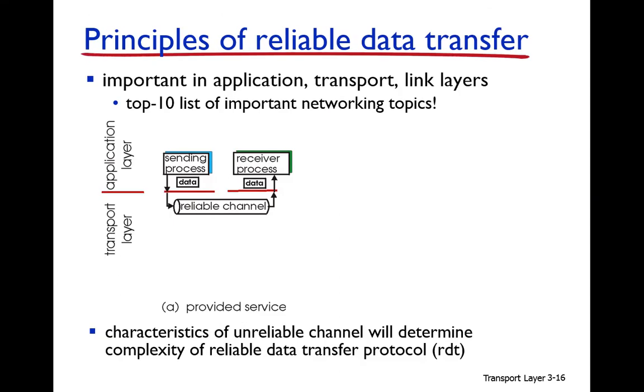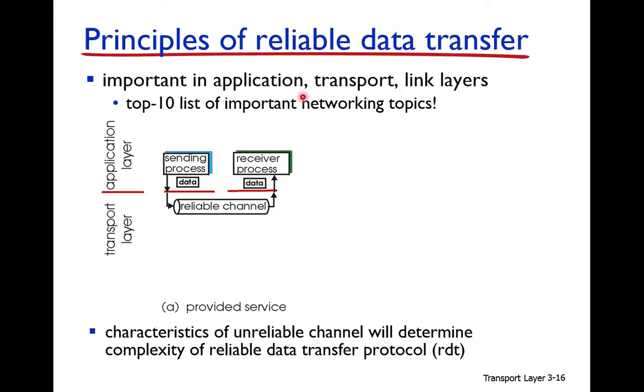So this is difficult. The principle of reliable data transfer is a very important topic. Reliability is important at the application layer, at the transport layer, and even at the link layer it is used. It is one of the top 10 important topics in the computer networking course.